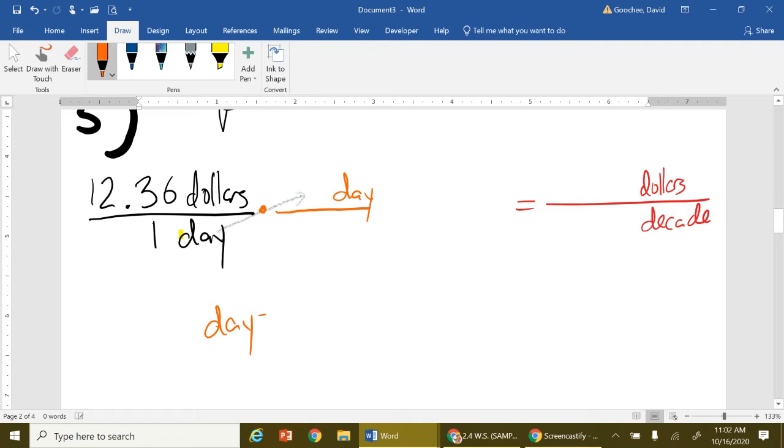Now, what can we convert from? We're trying to get into decades. If you don't know how many days are in a decade, that's fine. I don't. But I know that I can convert from days into years because I know that it's 365 days for every 1 year.